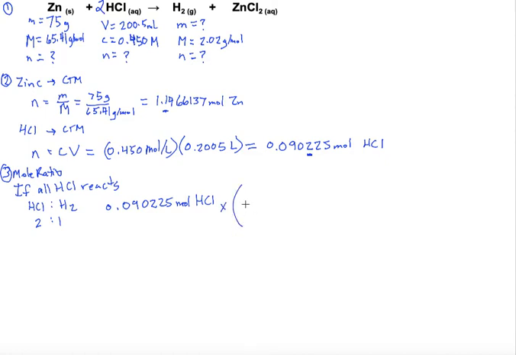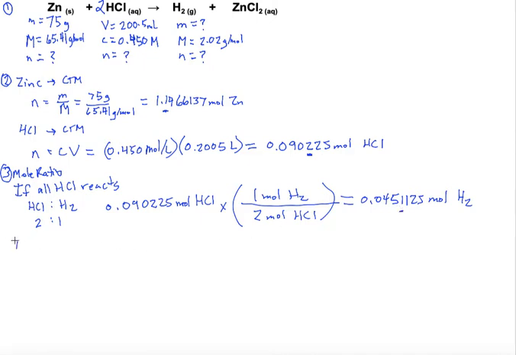And I'm going to multiply that by, from my balanced equation, following my ratio, 2 moles HCl to 1 mole H2. And I'm going to end up with 0.0451125 moles of H2, right? So if HCl was limiting and we use all the HCl up, that's how much H2 we would get. And thinking about significant digits for later, we've got 3 significant digits.